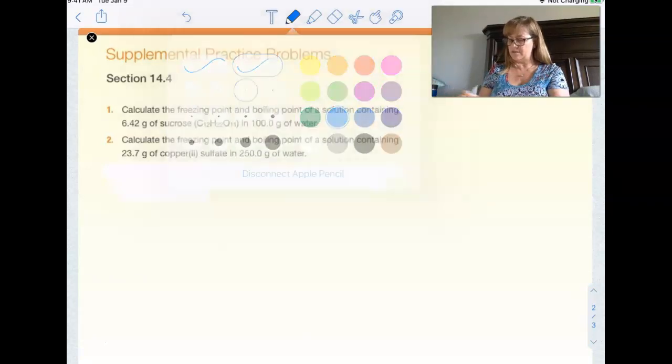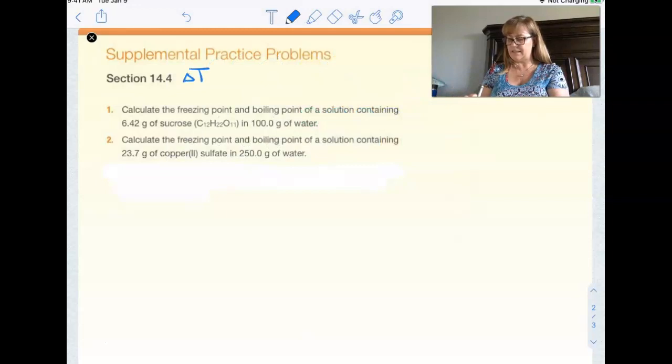Our formula is delta T equals KMN. They're not asking us for the change in temperature. They're asking us for the brand new freezing point or boiling point. So what you're going to do is calculate your delta T, and then use that change to alter the boiling point or freezing point.